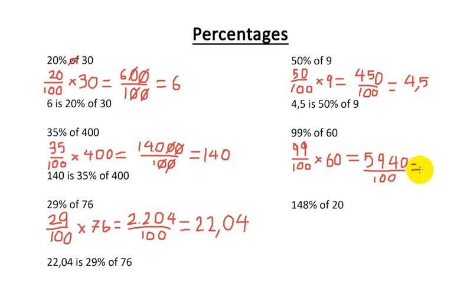This would be equal to, if I did 5,940 divided by 100, this would be equal to 59.4. So my answer should be that 59.4 is 99% of 60.